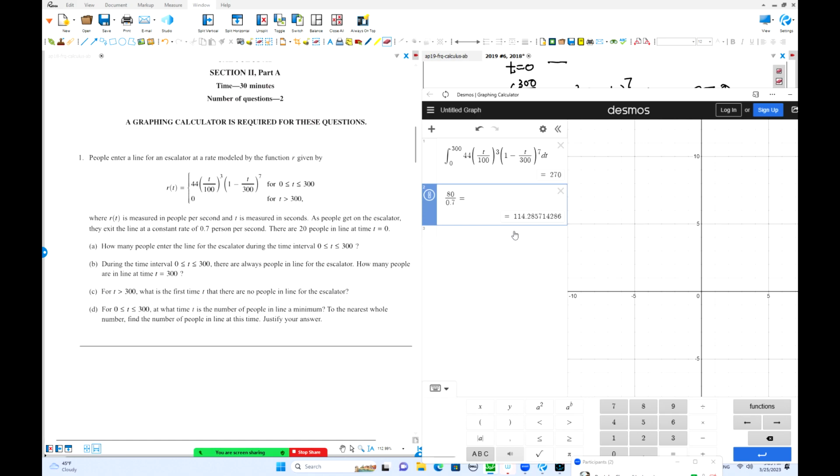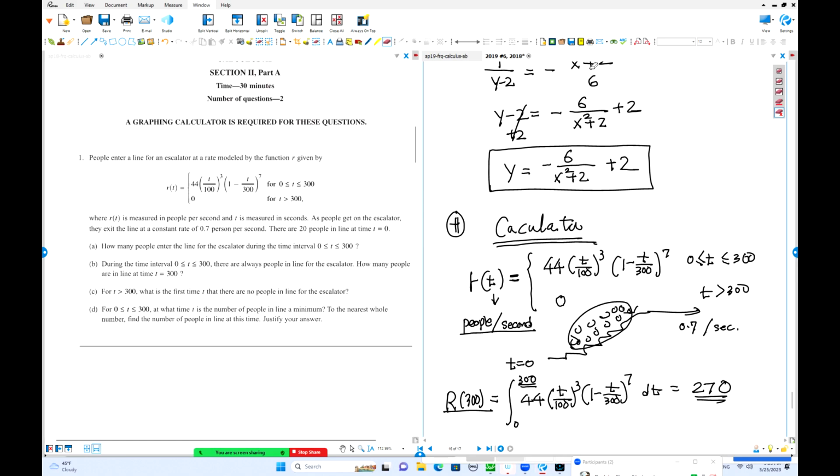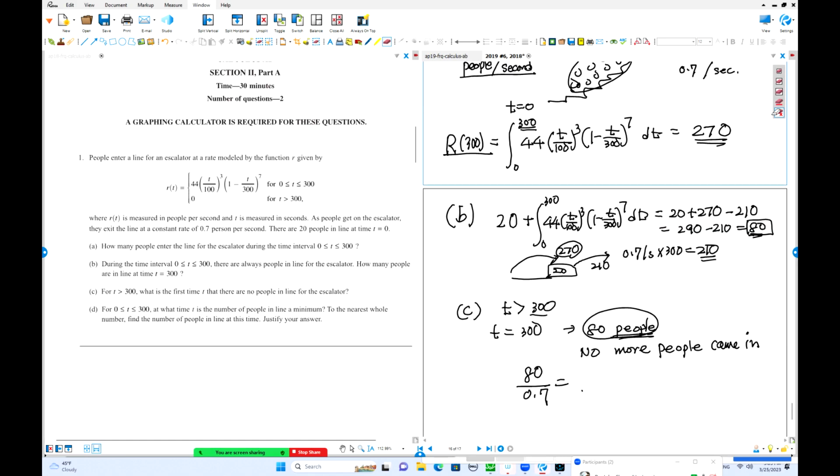They didn't say anything about the nearest second, so we have to use about 3 decimals, okay? 114.286. It takes all these 80 people to leave 114.286 seconds.